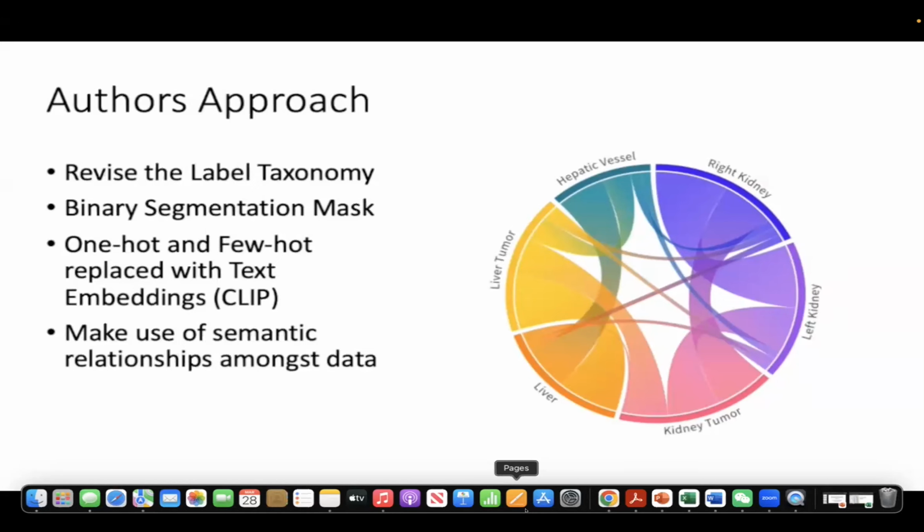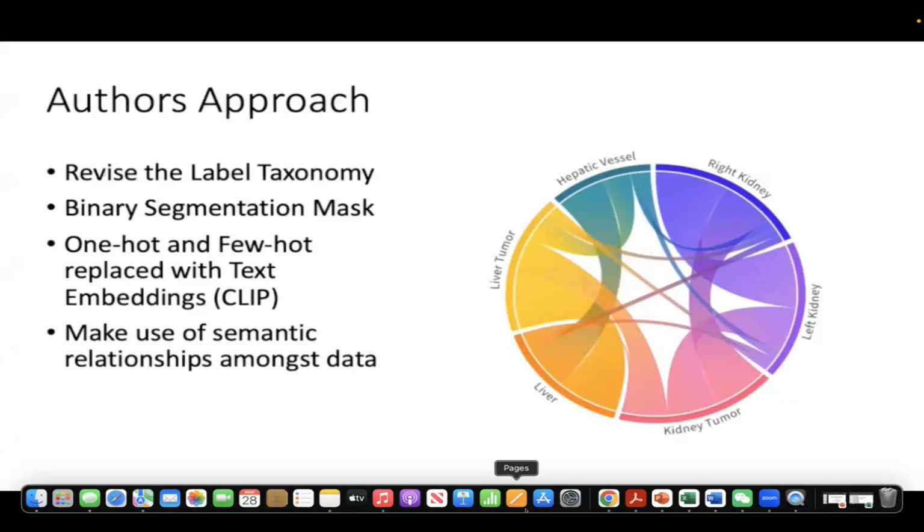And then in tackling label orthogonality, they're going to replace those one-hot or few-hot labels with text embeddings that are going to be generated by CLIP in aims to capture the relationship between organs and tumors, also allowing for this open vocabulary segmentation, and furthermore making it possible to extend the model to new novel classes without forgetting previously learned classes.